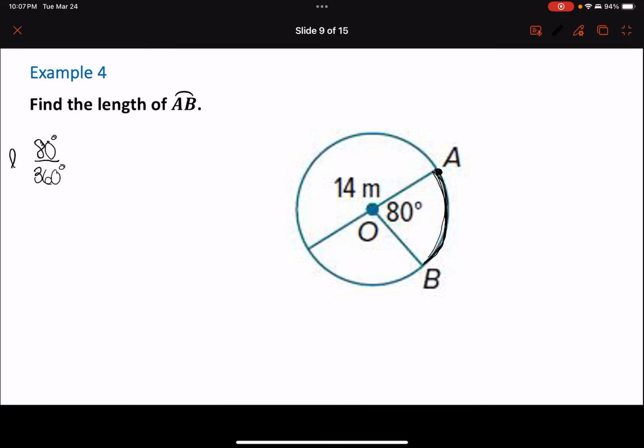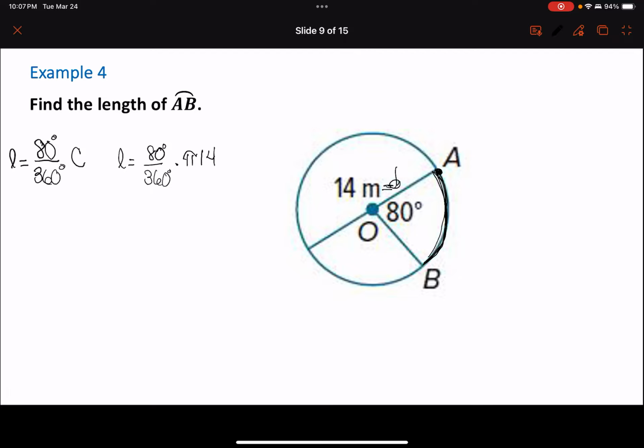So if we use our equation, the arc length is 80 over 360 times the circumference. Or the arc length is 80 over 360 times, in this case, 14 meters is our diameter, so times pi times our diameter.